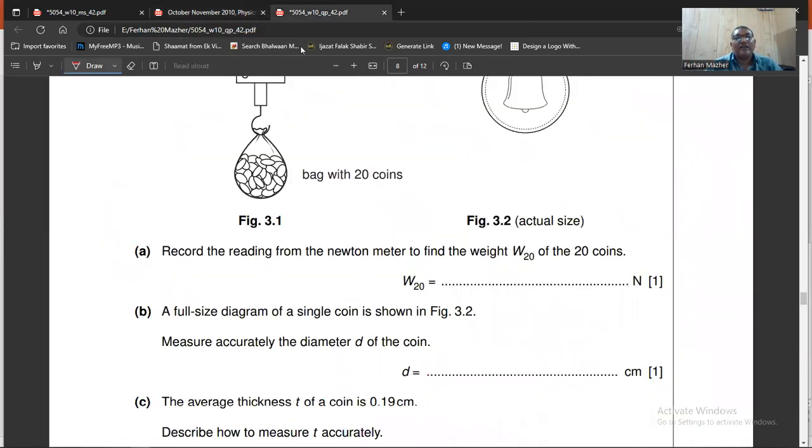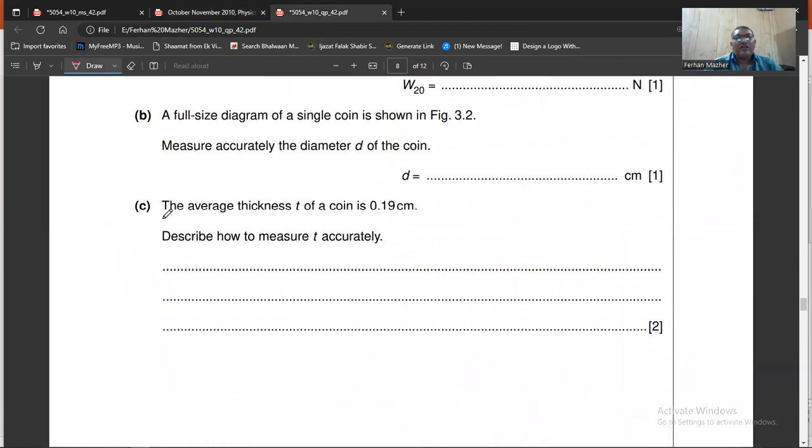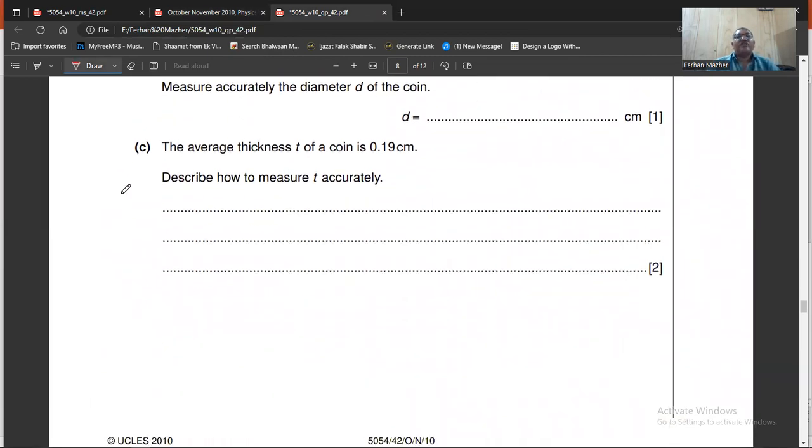Then he says the average thickness T of the coin is 0.19 centimeter. Describe how to measure T accurately. If you want to measure it accurately, you can measure it directly with the help of a vernier caliper, or you can use a micrometer.